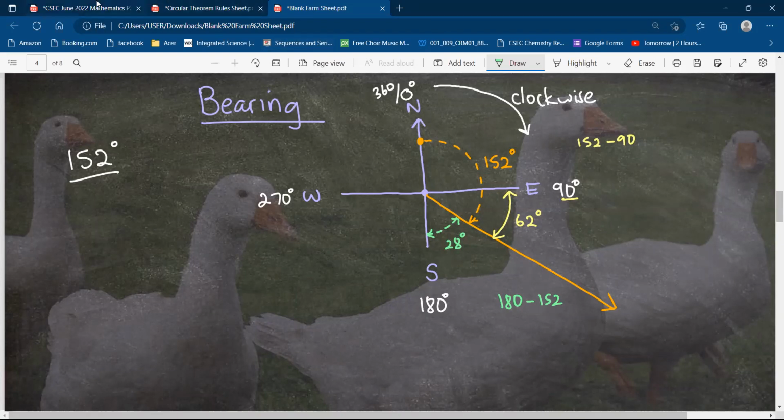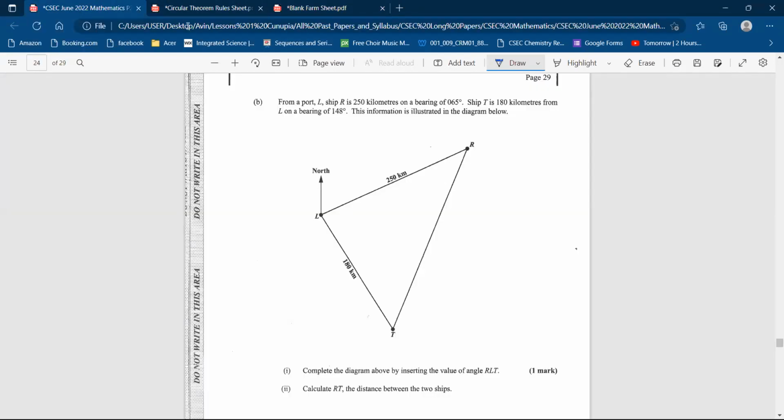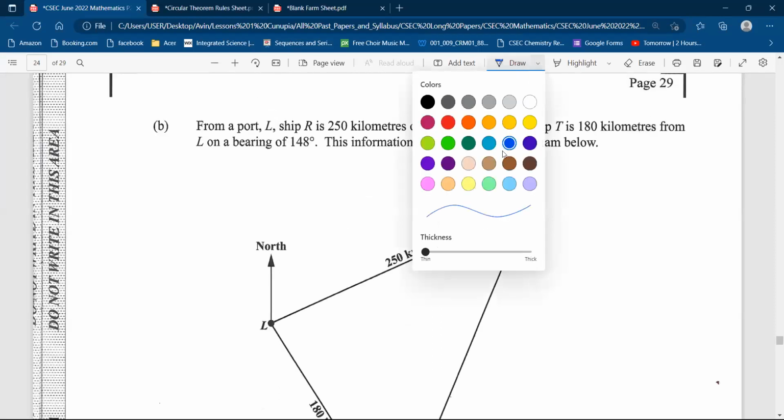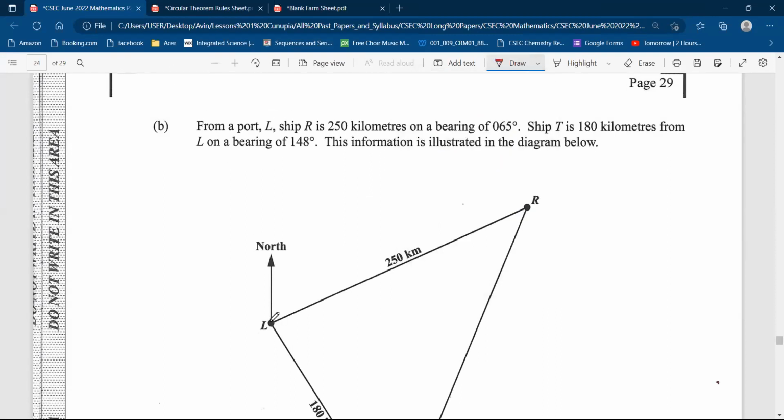Using all of that, let's try to interpret this diagram again, for those who weren't able to. I'll zoom in a little bit. The first thing they told us is that the starting point is L. One ship sailed from L to R on a bearing of 65 degrees.